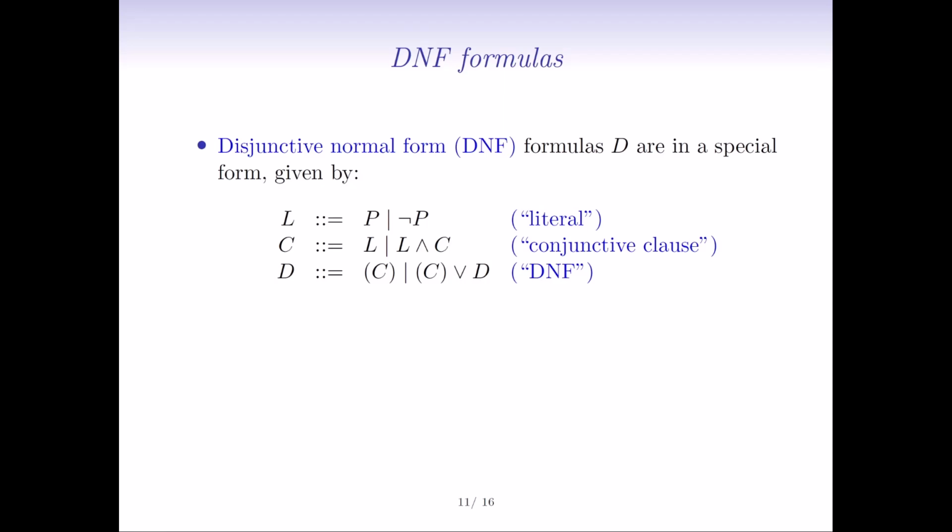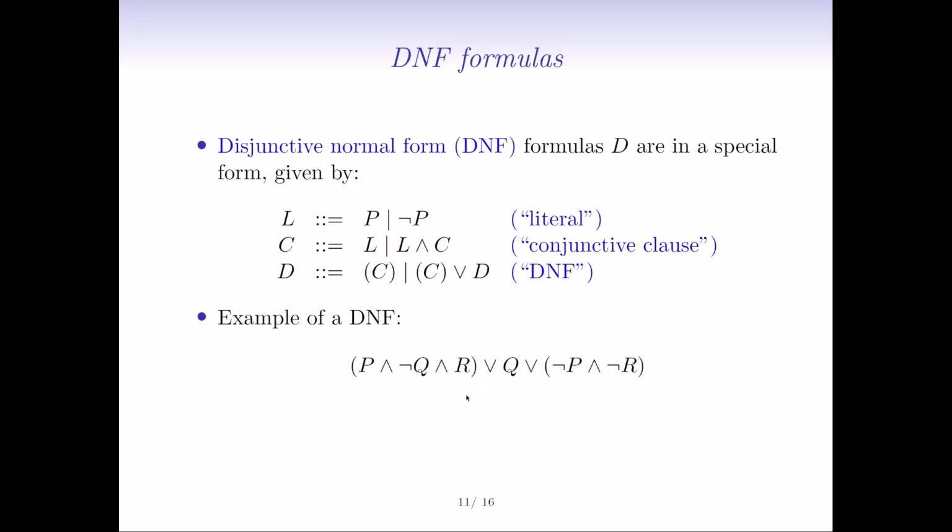Lastly, I'm going to define DNF formulas. A DNF formula is either a single conjunctive clause by itself, which I will place in brackets because it's going to have some disjunctions around the outside, or it is the disjunction of a conjunctive clause with something which is already a DNF formula.